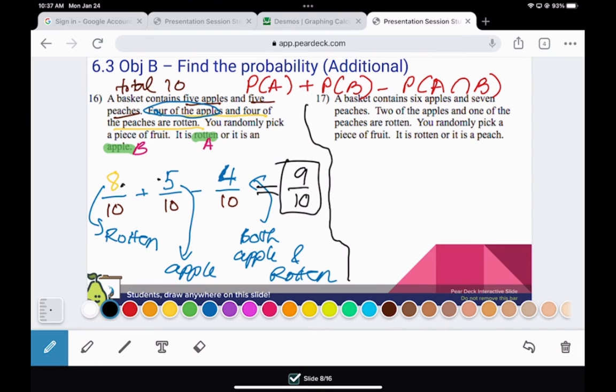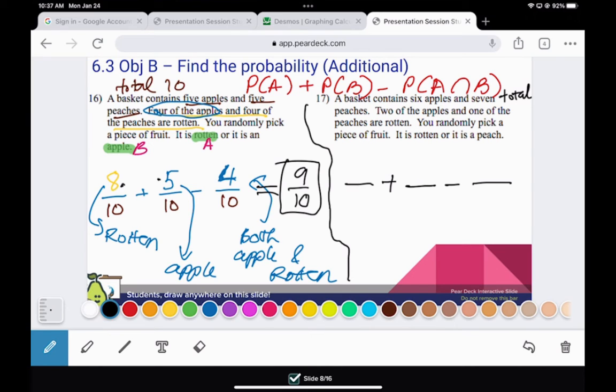Okay, let's do another one. So we know for this problem, this is how I set it up, right? Plus the first 2 events, plus and minus when they are together. So step number 1, I need to find the total.